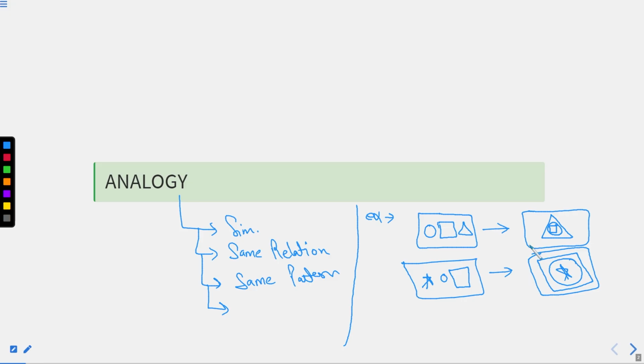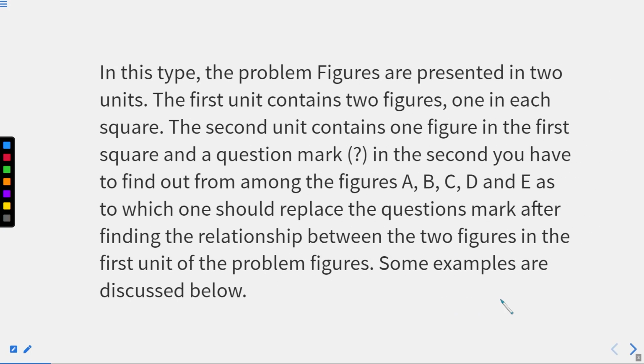This is how the relation that we derived from the figure number 1 is implemented in figure number 2. This is how these questions will be answered in each and every part, right? So now we are straight away moving to the question part where we are going to have some instructions. Then we will follow few questions of analogy and also few questions of classifications, right?